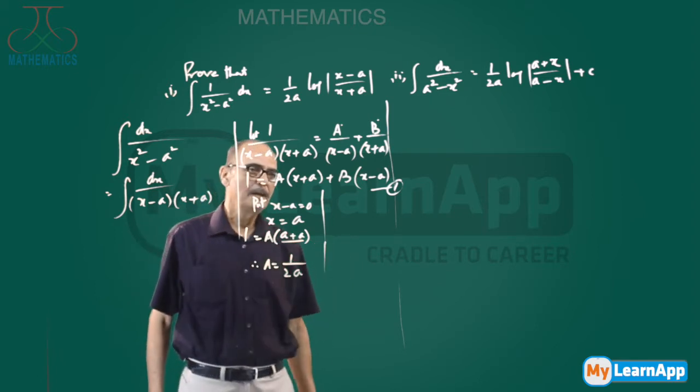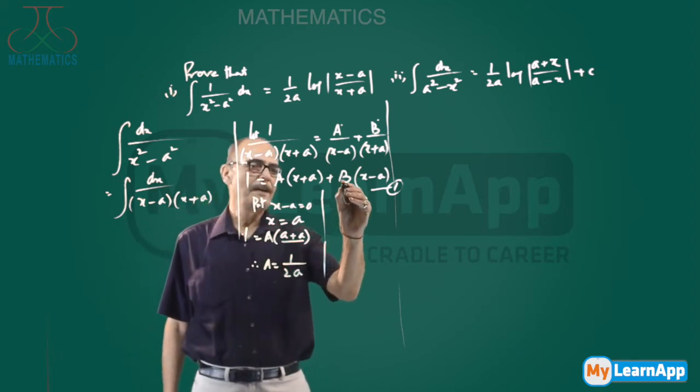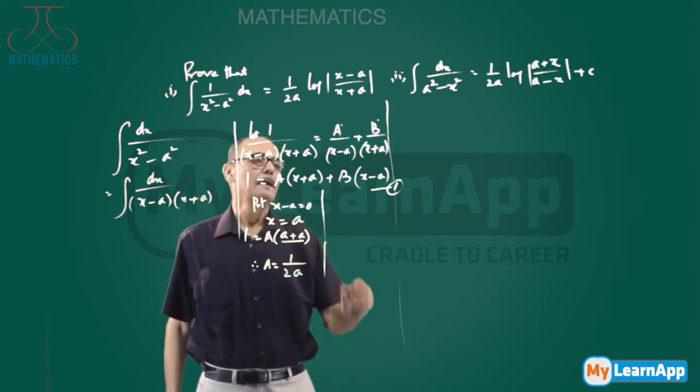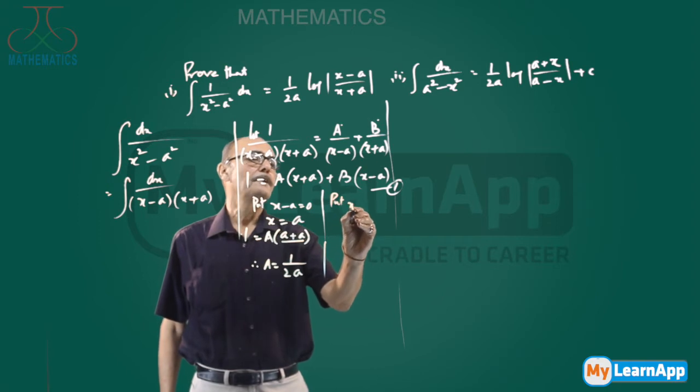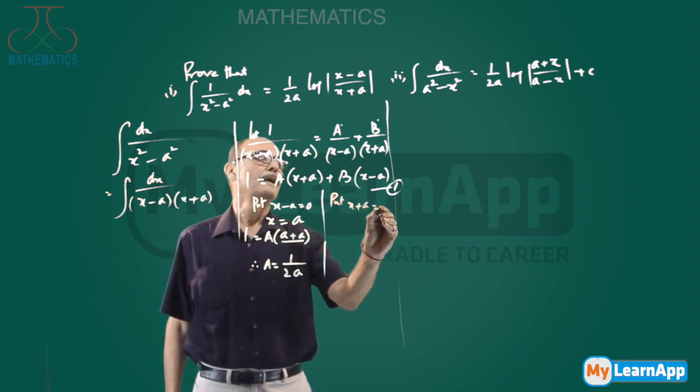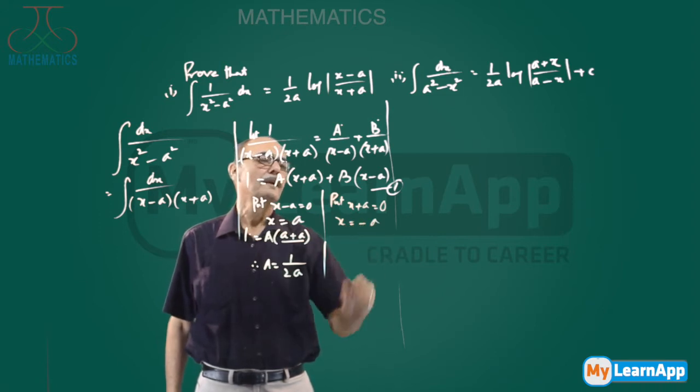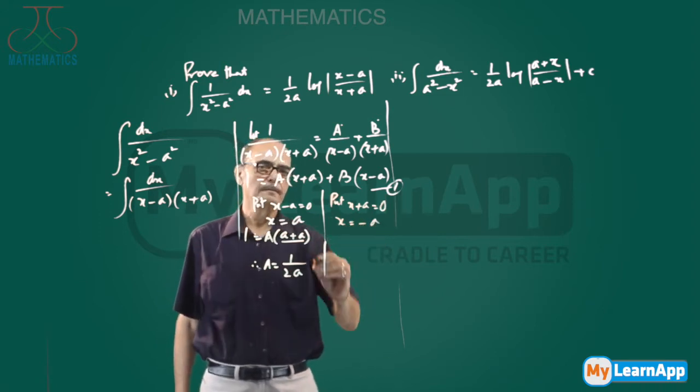In the same way, for finding the value of B, put the denominator of B to 0, so x equal to minus a. Again substitute in the first result.